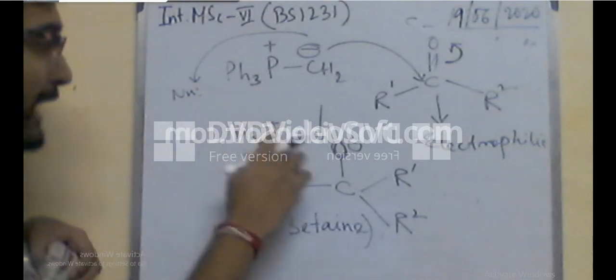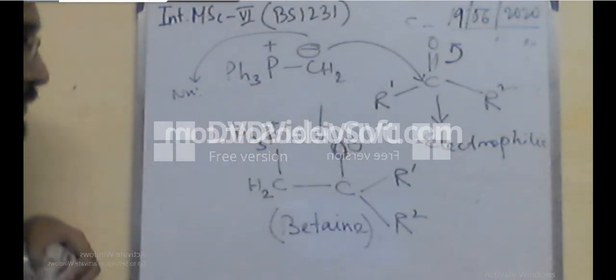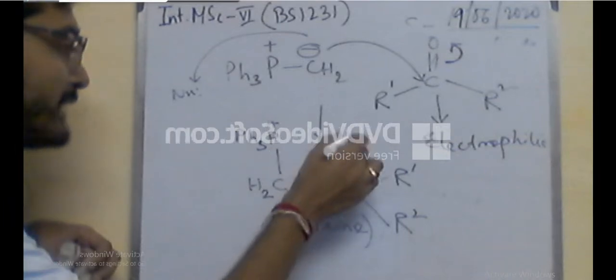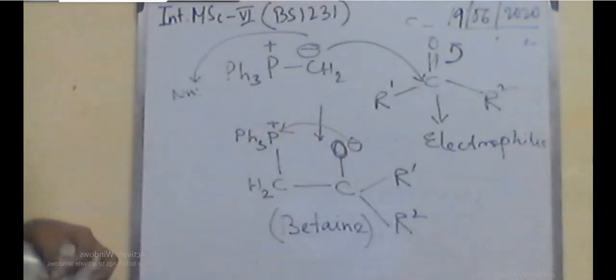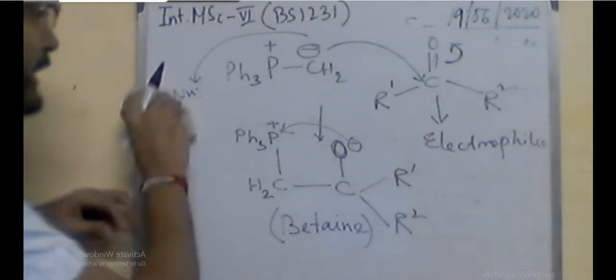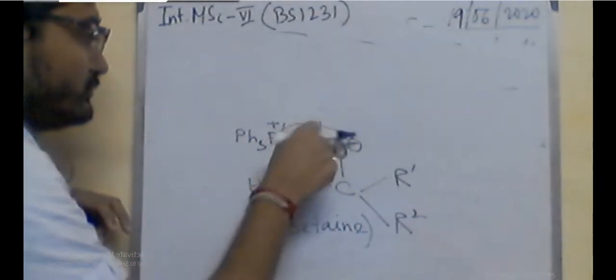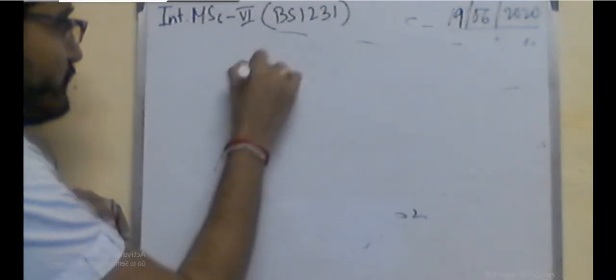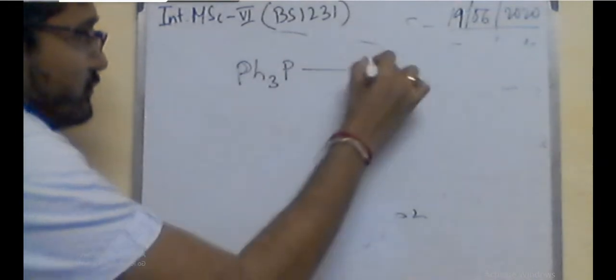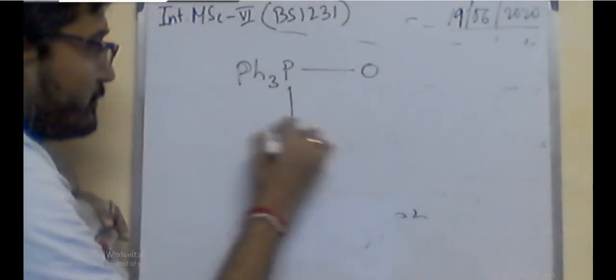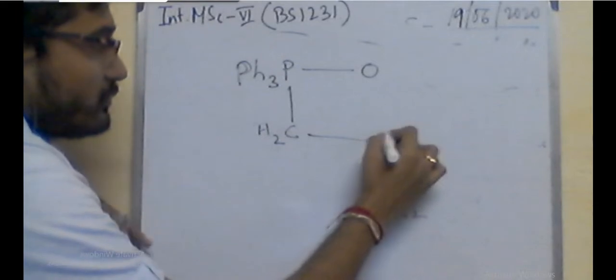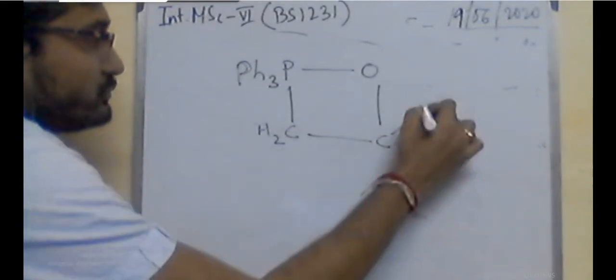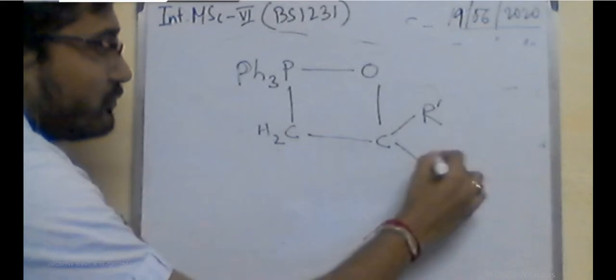So there will be an attack by this electron density on this electron deficient center, and it will generate this ring structure, or this heterocyclic type of ring structure.